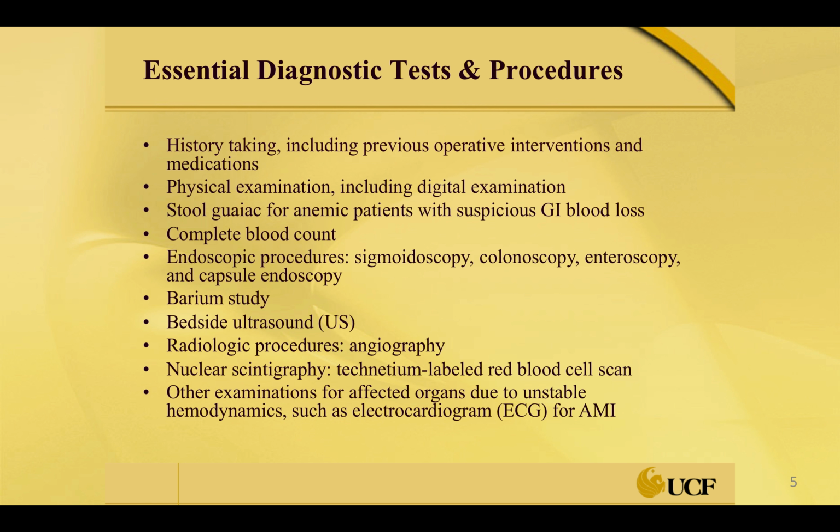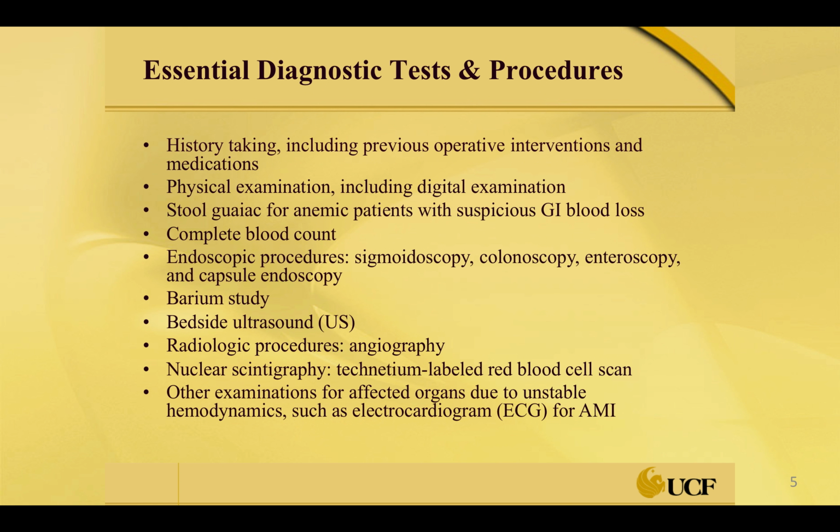Essential diagnostic tests and procedures are necessary for the determination of lower gastrointestinal bleed. History taking, including previous operative interventions and medication, is crucial. Physical examination, including digital examination, remember what we talk about? Rectal exam is also essential. Stools for guaiac for anemic patients with suspicious GI blood loss is necessary.